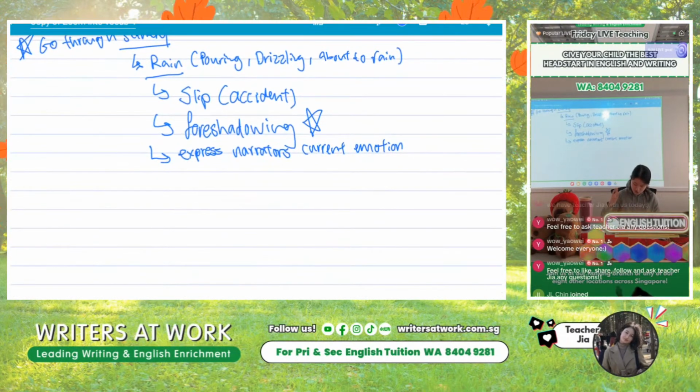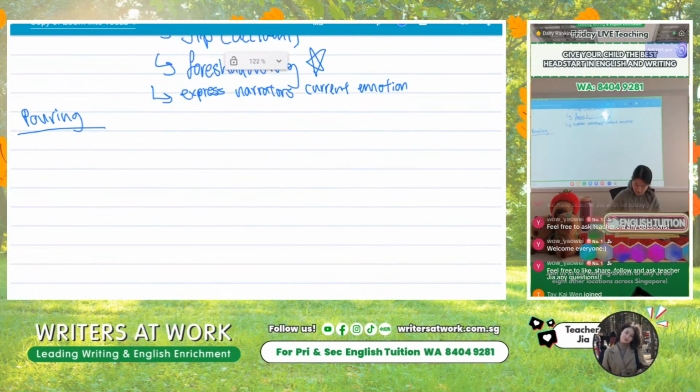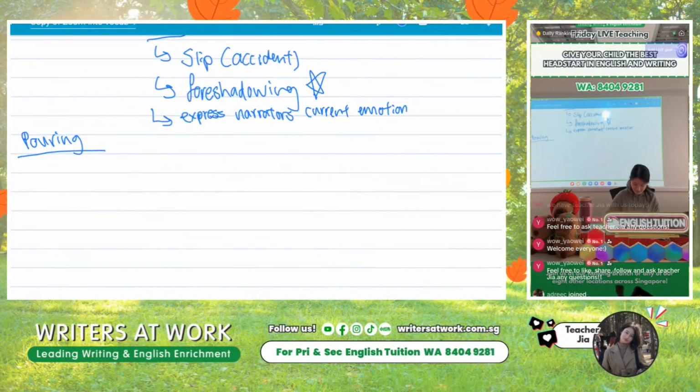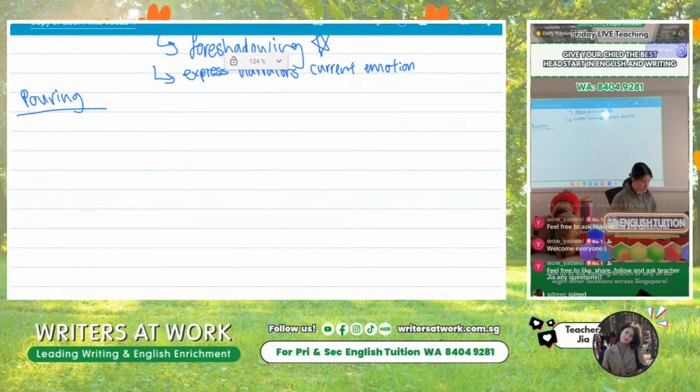Okay, let's start with pouring. So we have the term rain fell down in torrents. Then we have pouring, and then we will do drizzling and more about the rain. Do let me know if there's any other specific description that you would like me to go through. We'll be going through rain, sun, and finally, in terms of indoor, we'll be going through canteen.